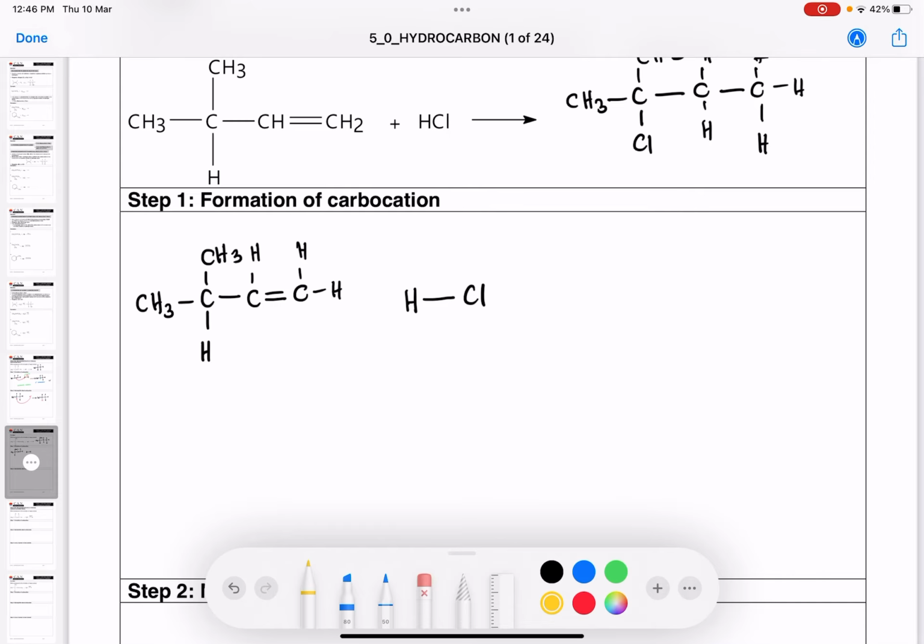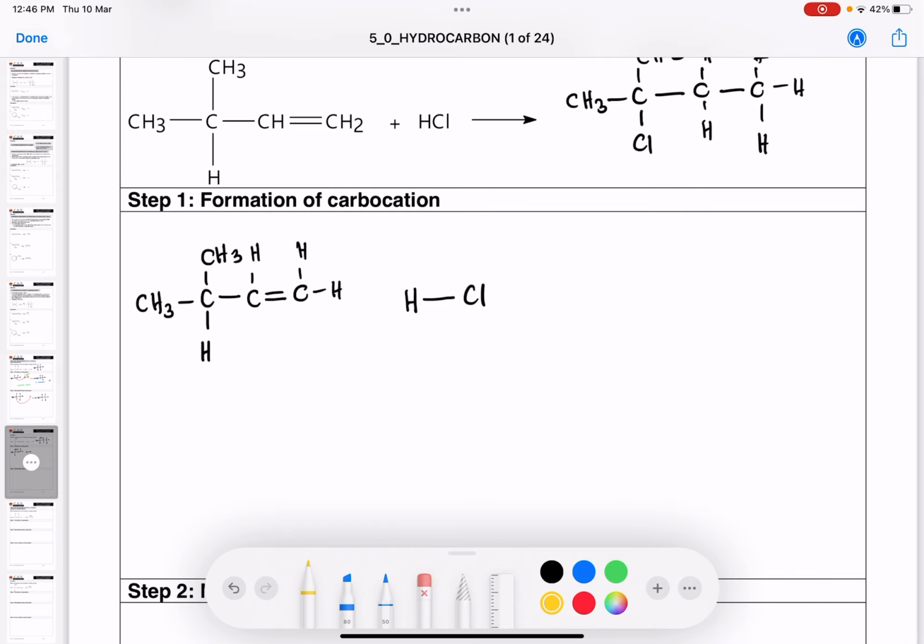Now, let's see how the mechanism goes for this. As you can see, the first step is the formation of a carbocation. Okay, so we have here hydrochloric acid.